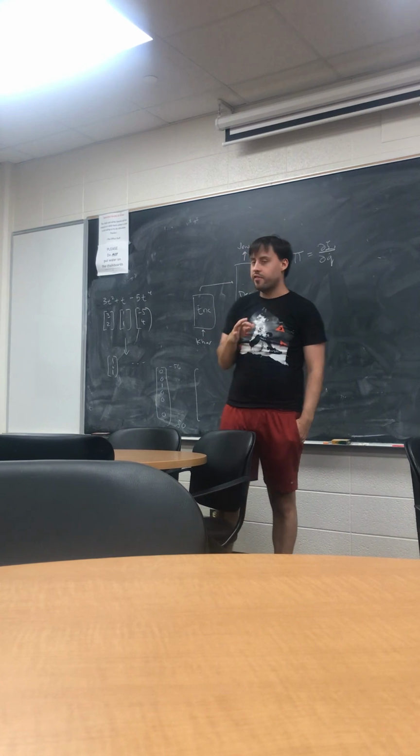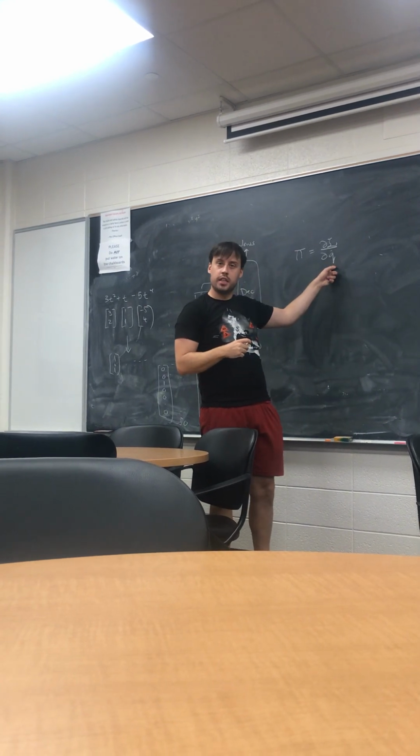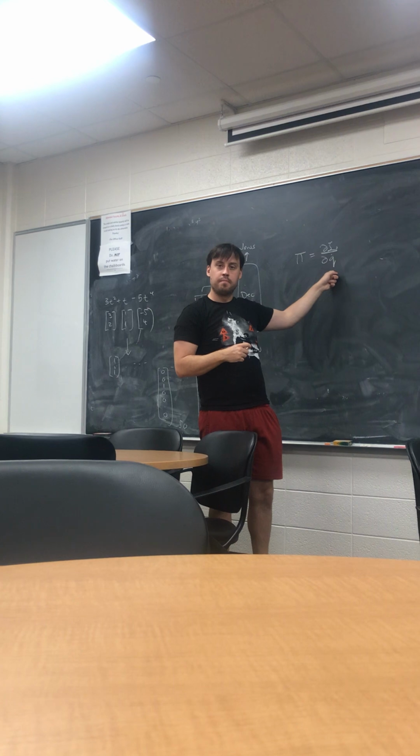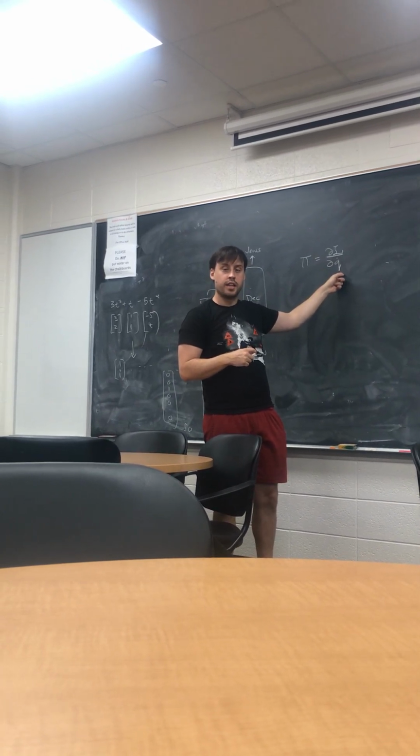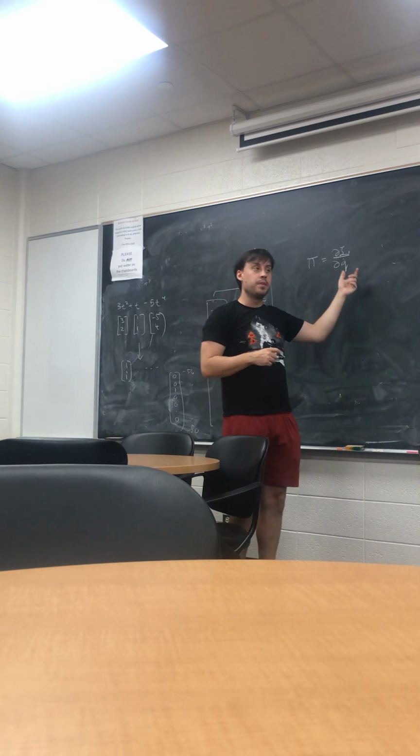And so if Q dot is linear in L, then this map is not going to be invertible, right? That's sort of the problem.